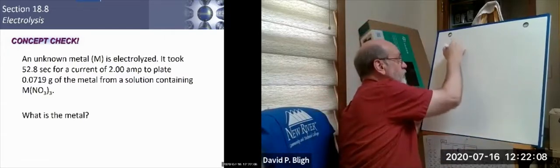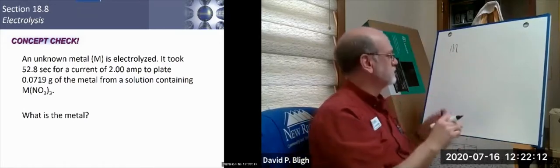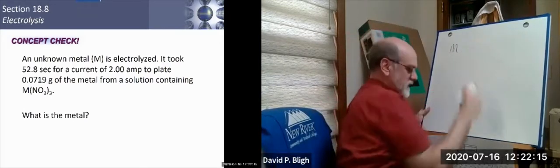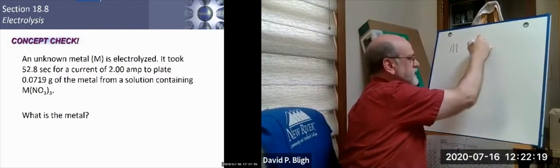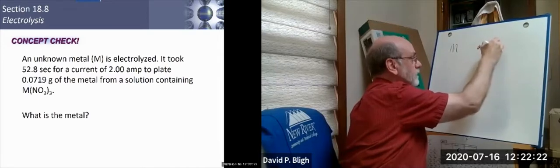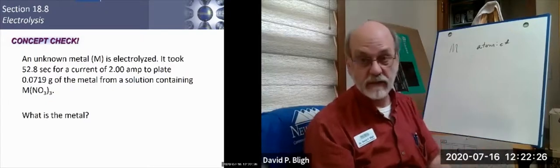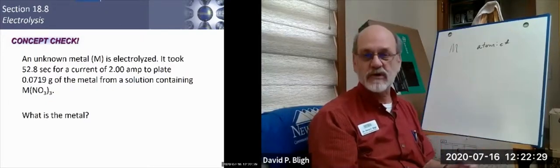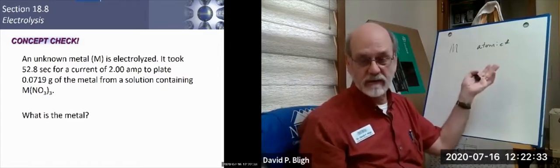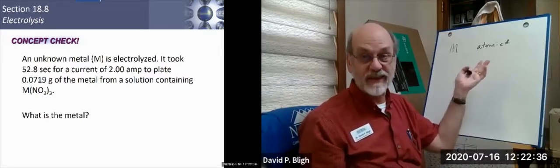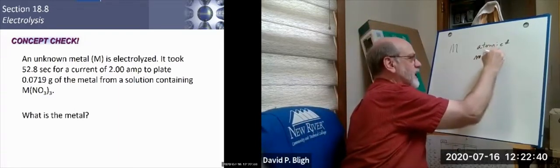If there's your unknown metal, what do you need to know? Well, one of two things, right? You need to know the atomic number. If you know the atomic number, you got it right there. But suppose you can't do that, right? In this problem, you can't do that. The information is not there. So what's the alternate? Molar mass.